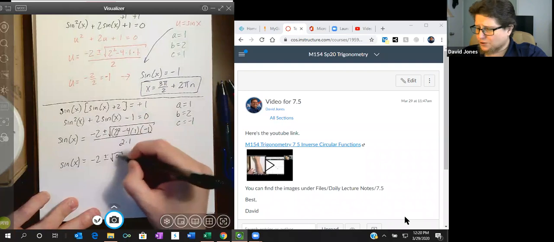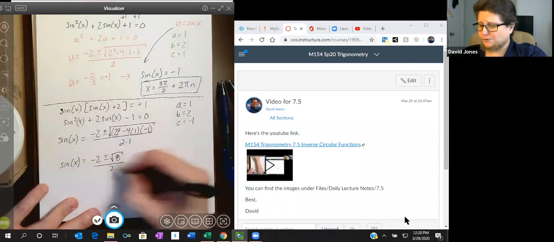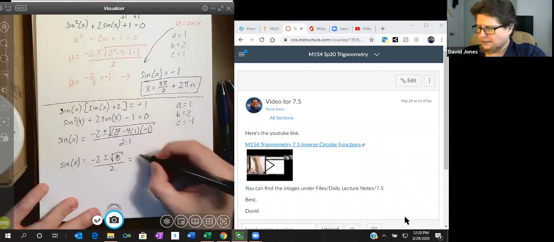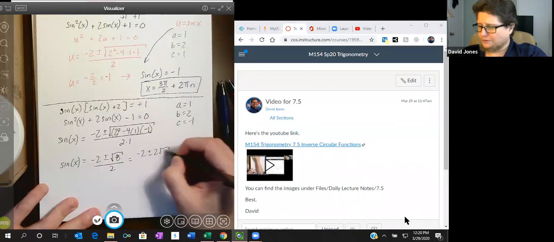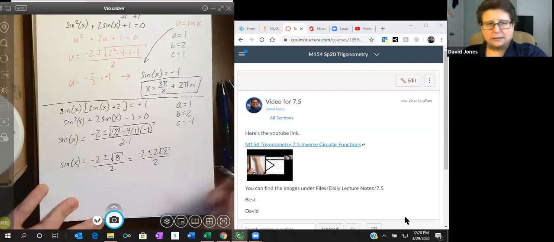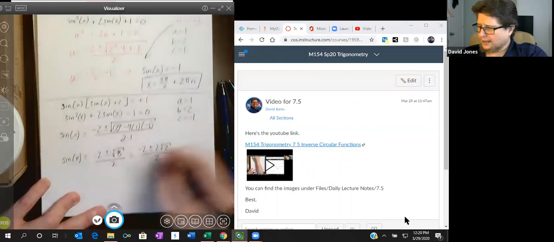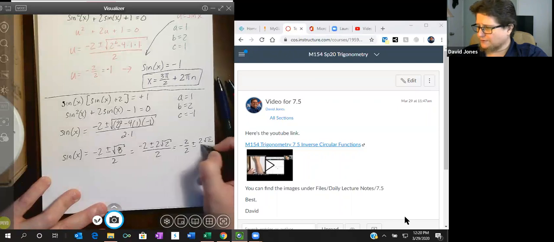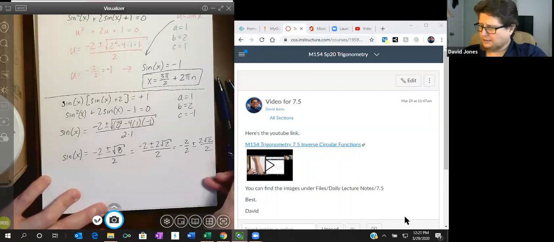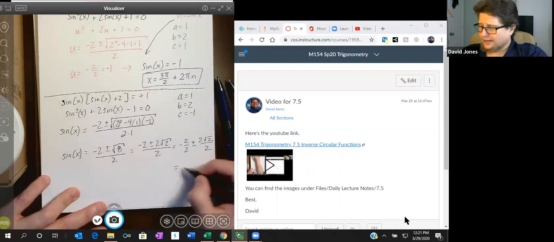This ends up being the square root of 8 over 2, which is negative 2 plus or minus 2 root 2 over 2. And I can split that up. I get negative 2 over 2 plus or minus 2 root 2 over 2, which is negative 1 plus or minus the square root of 2.